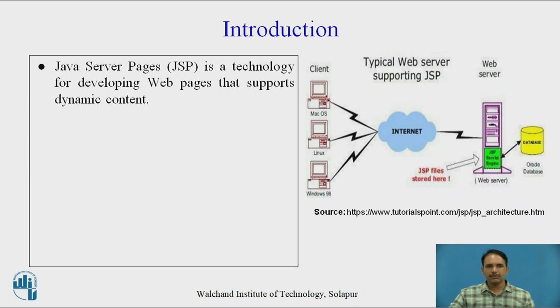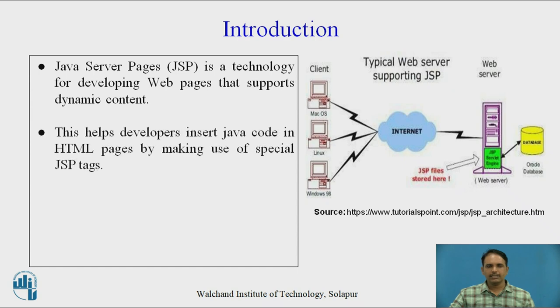So basically Java server pages is a technology for developing web pages that supports dynamic content. If at all we want to create any static content, we can use HTML, CSS like technologies, whereas if we want to create dynamic content, then we should go ahead with Java servlets or JSP.